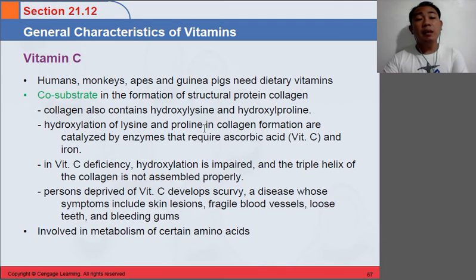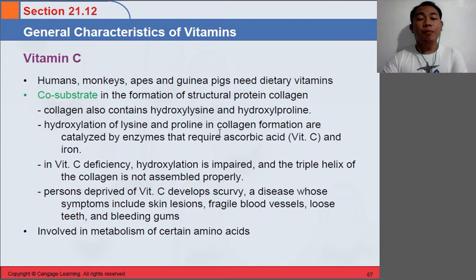Here we have vitamin C as representative of the water soluble vitamins. Humans, monkeys, apes, and guinea pigs need dietary vitamins, especially vitamin C. If we are deficient in vitamin C, it will produce a vitamin C deficiency known as scurvy.